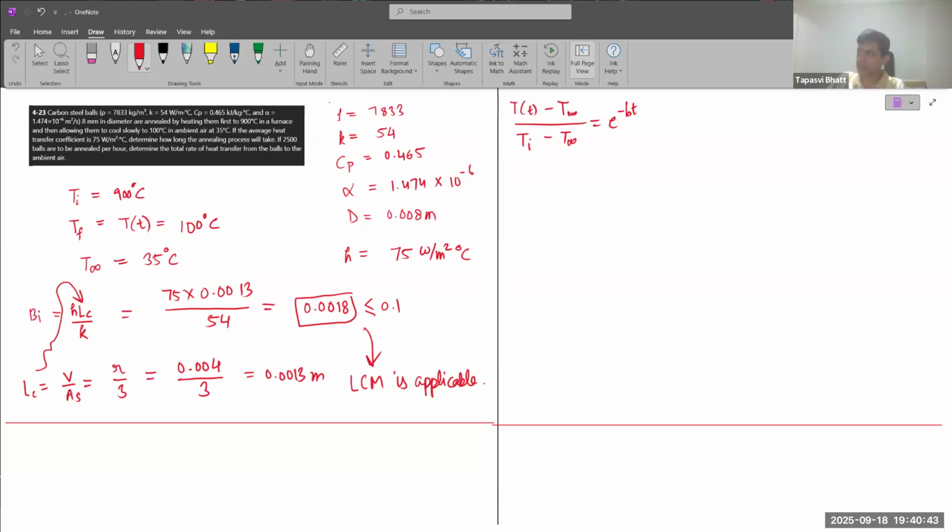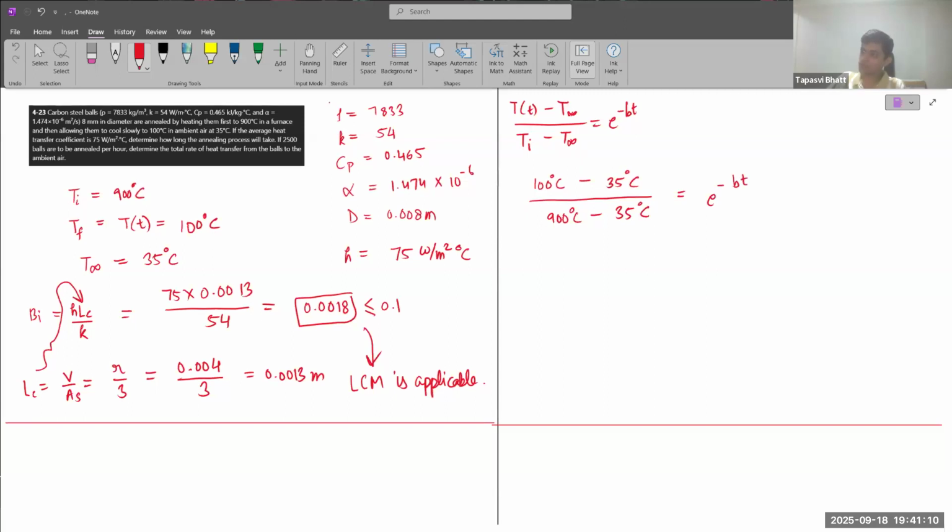Do we have T as a function of t? Yes, it is 100 degrees Celsius, minus T infinity, 35 degrees Celsius, over Ti, which is 900 degrees Celsius, minus T infinity, which is 35 degrees Celsius. All this is equal to e to the power minus b times t.